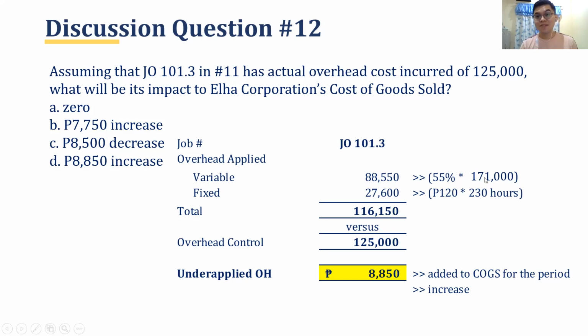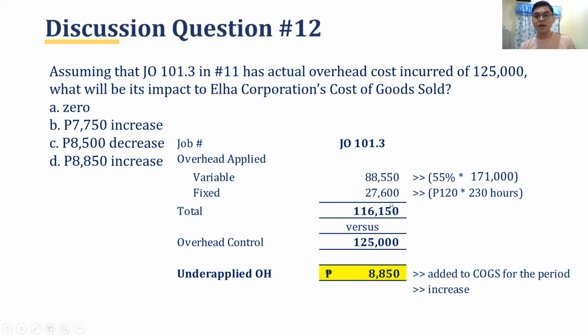It should have been 161,000 times 0.55. Then there you get 88,550. Tapos on the fixed part, you have 230 direct labor hours. Multiply mo lang yan with the 120 pesos predetermined rate. There you get 27,600. Sama mo yung isa, 88,550. There you get factory overhead applied of 116,150.